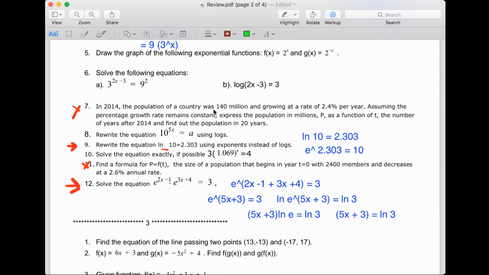So how do we solve this equation? Subtract 3 on both sides, and we'll have 5x equals ln 3 minus 3. Then we divide by 5. So we get x equals ln 3 minus 3, divided by 5.